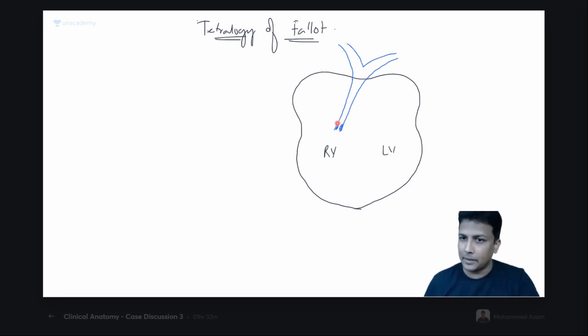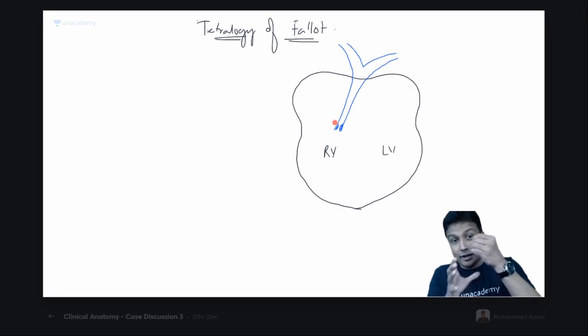Remember pulmonary stenosis. अरे यार ये बताओ, if there is a pulmonary stenosis here, what will happen to the right ventricle? Will the right ventricle be able to pump the blood easily? No. The pulmonary trunk is very narrow. The right ventricle has to do more work. It has to apply more force to push the blood.